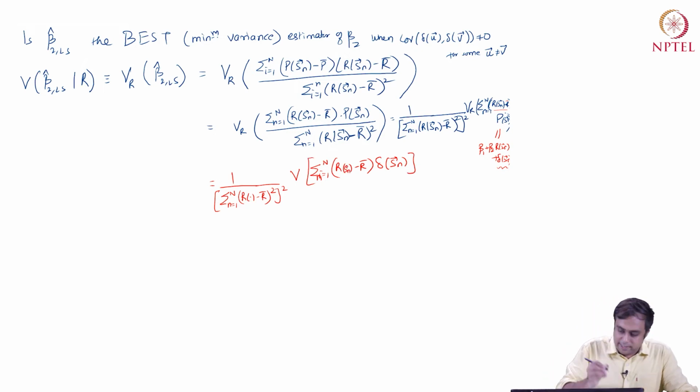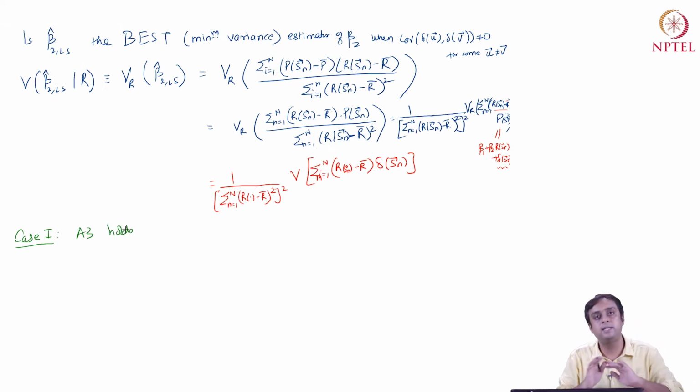Okay. So as case 1, I'm going to work with the assumption A3 holds. That is, there is no covariance between the error term at different locations. So now if you were to bring your focus to this variance term, of course, it's variance conditional on R. So R is a constant.